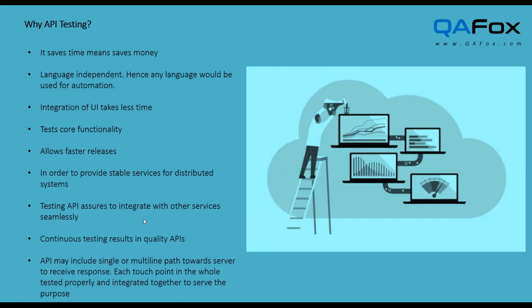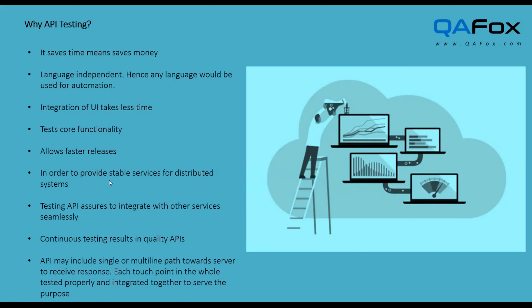Yes. Next, it allows faster releases, which means as soon as you develop APIs, you do the testing, which takes less time than UI testing, and you can release your services as fast as possible. Then, in order to provide stable services for distributed systems, we already discussed this point.